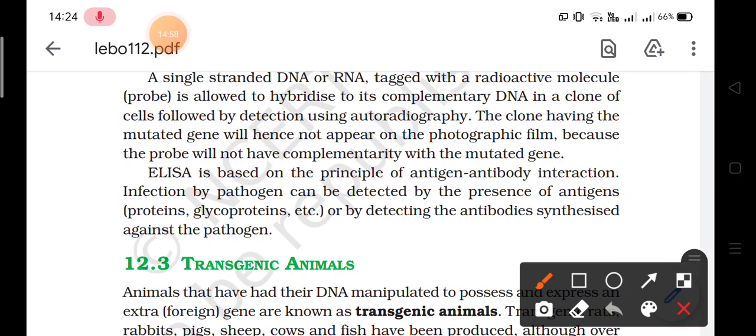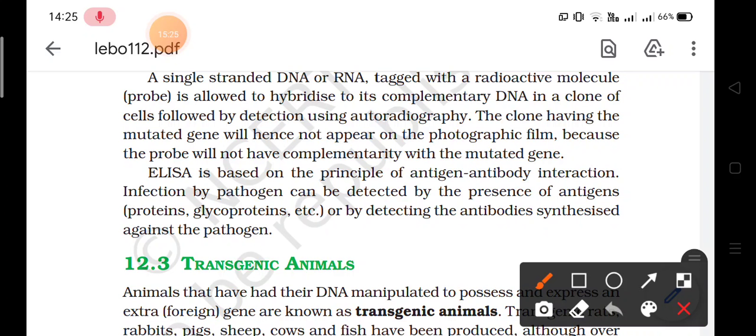Now the second is ELISA, enzyme linked immunosorbent assay, and it is based on the principle of antigen and antibody interaction. Suppose some microorganisms have entered into the body. Our body will produce the antibodies. So the ELISA test is based on the principle of antigen and antibody interaction.